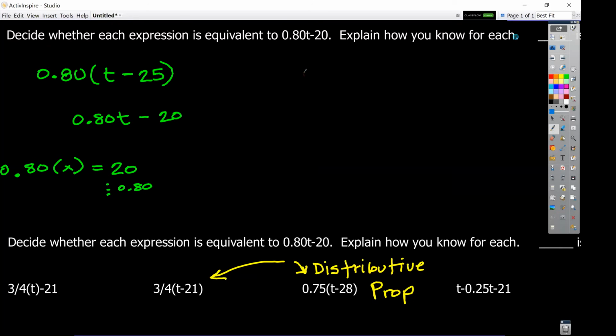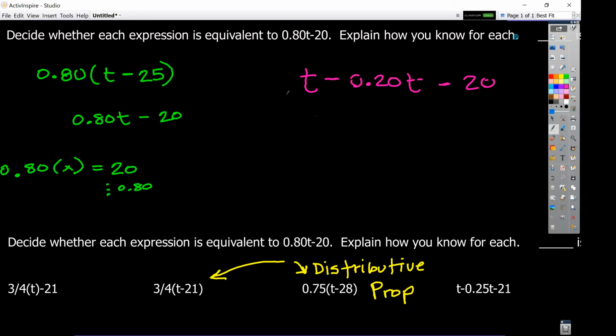So if we have an expression like this, t minus 0.20 t minus 20, we're going to have to combine like terms again, like we did for example 1, to simplify this expression and see if it's equivalent.